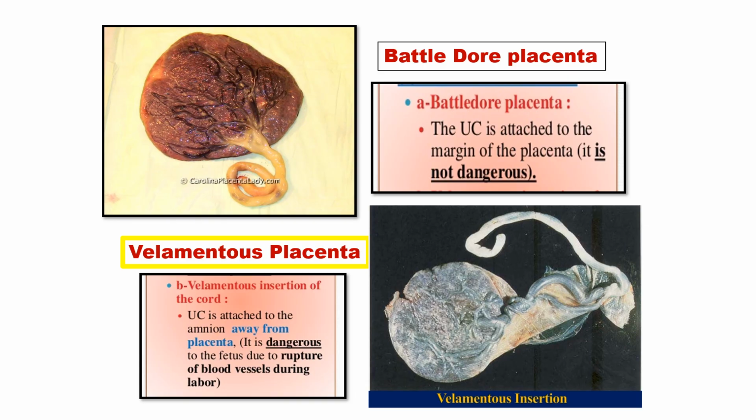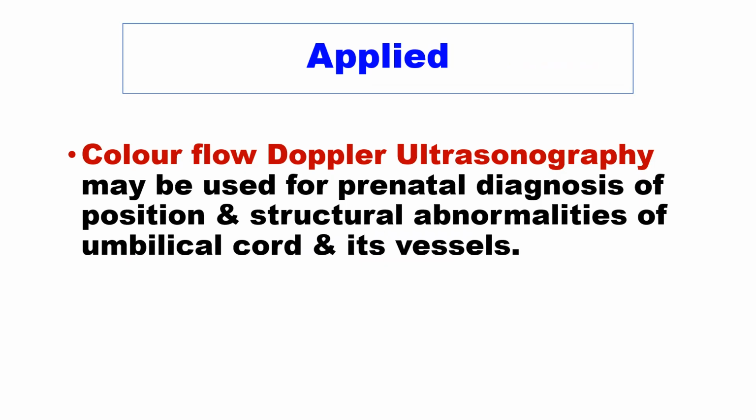Battledore placenta is where the umbilical cord is attached to the margin of the placenta. It's not that dangerous, but sometimes it can lead to dangerous effects. Velamentous placenta is where the umbilical cord is attached to the membranes, away from the placenta. It is dangerous for the fetus due to rupture of blood vessels during labor, because it's not protected by Wharton's jelly.